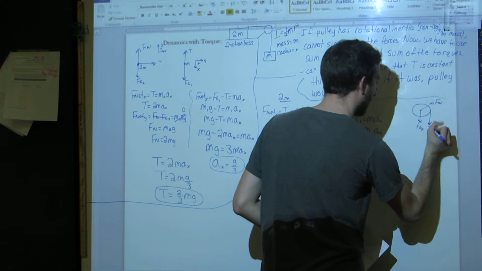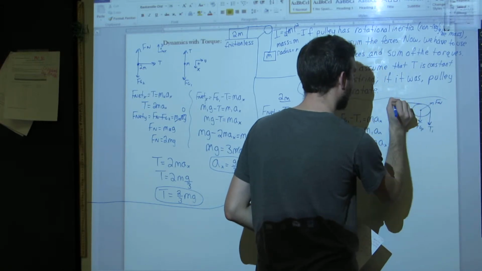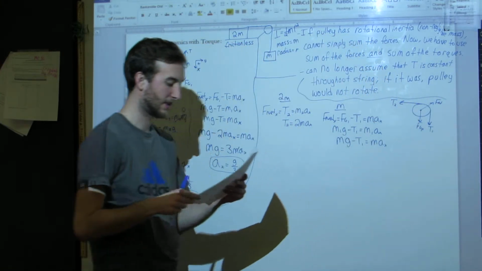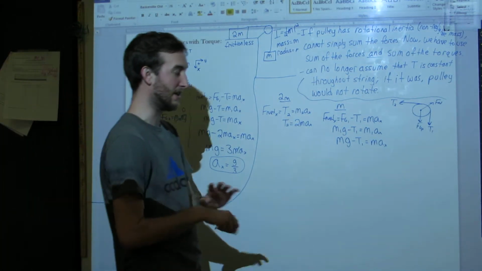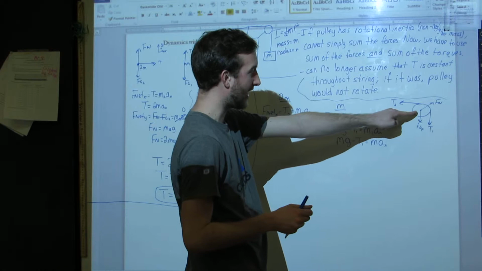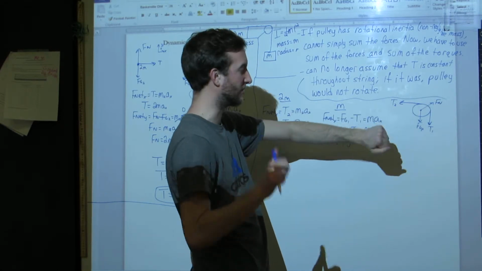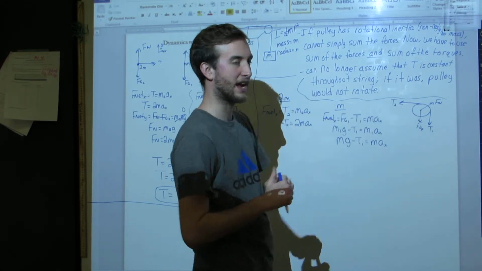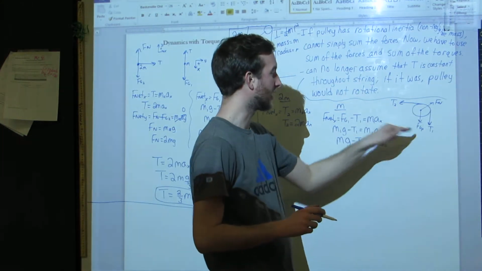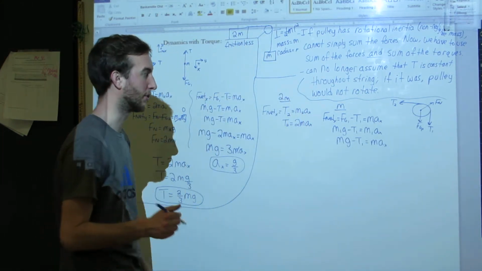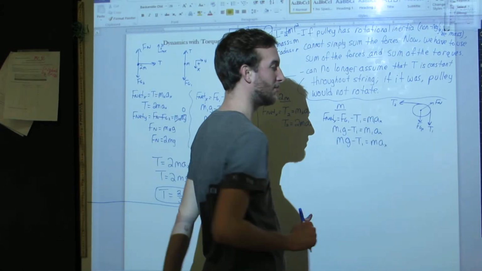We have T1 and we have T2. We need to do a net torque equation for this. Now, if you remember, I have two forces that are acting at the axis of rotation. They don't cause any torque. The normal force does not cause a torque. The force of gravity for this pulley does not cause a torque. Torque is only caused by T2 and T1.